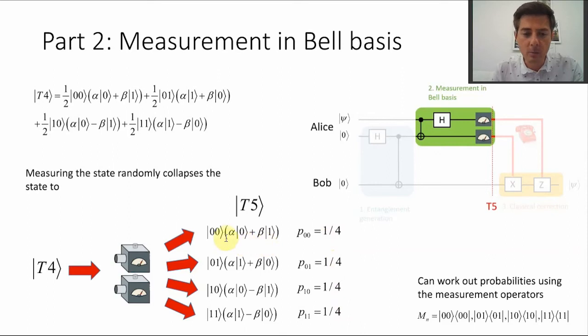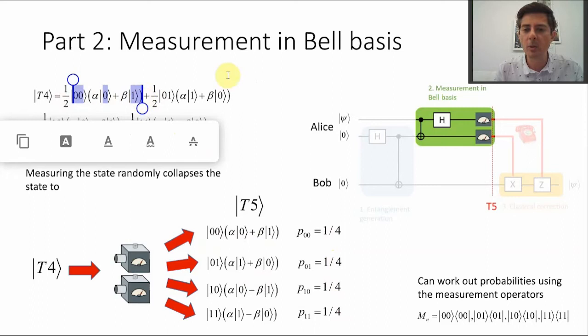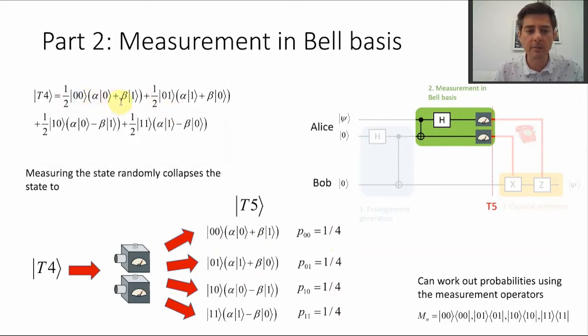And basically the reason why is because apart from this a half coefficient here, this state here is actually like a normalized state, because this is alpha, beta, that's normalized. 0, 0 is normalized, so it's all normalized. Likewise, this is another normalized state. 0, 1 is normalized. This is normalized, and so is this.